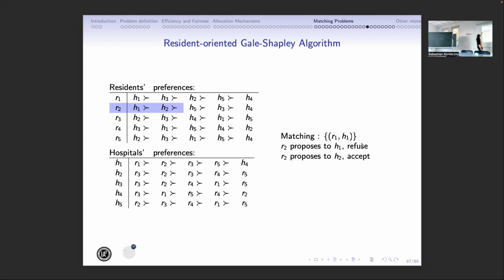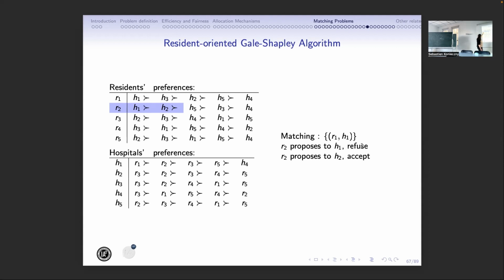Then R2 will propose to H1. H1 is already matched to R1, so H1 will refuse the proposal, because it received a proposal from R2 but is already matched to R1, who is its preferred resident.